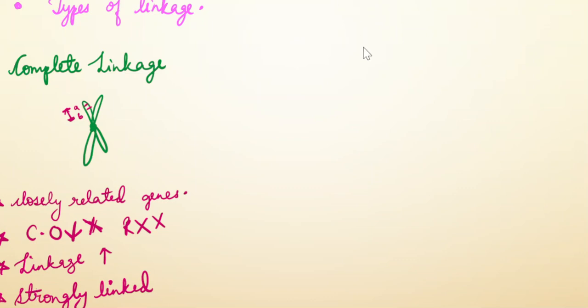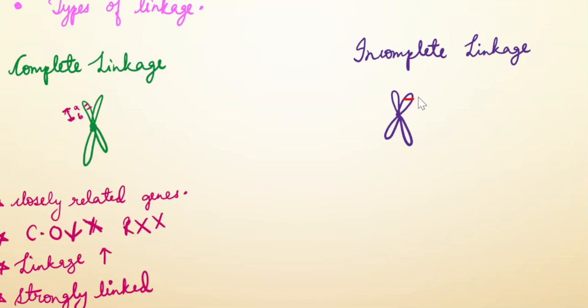Speaking about incomplete linkage, what actually happens is either the two genes are very far from each other, very distantly located. If I take gene E and gene F here, they are very far from each other.